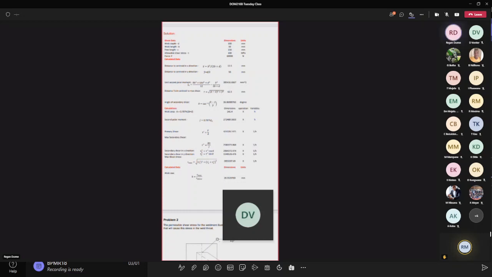If we then make h the subject of the formula, we're going to have 55207.69 divided by tau allowable, or tau max, same thing. It's going to be that 140 times 10 to the 6, and that will give you your answer. Not sure if you're still following me there.